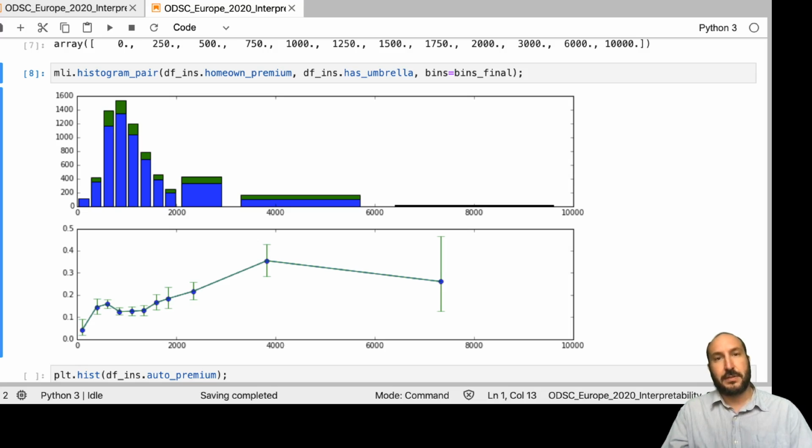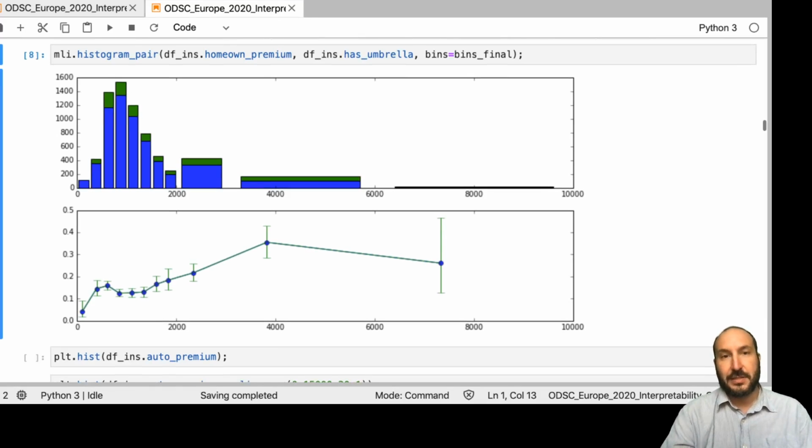If your relationship is not linear, it's not clear how to interpret that number. Whereas here we see there's generally a positive relationship, although it seems to go up and dip down a little bit before going up again. So this is an interesting relationship, and we'll dive into that further. But the idea is to demonstrate that there can be more complicated relationships than just a straight linear relationship.